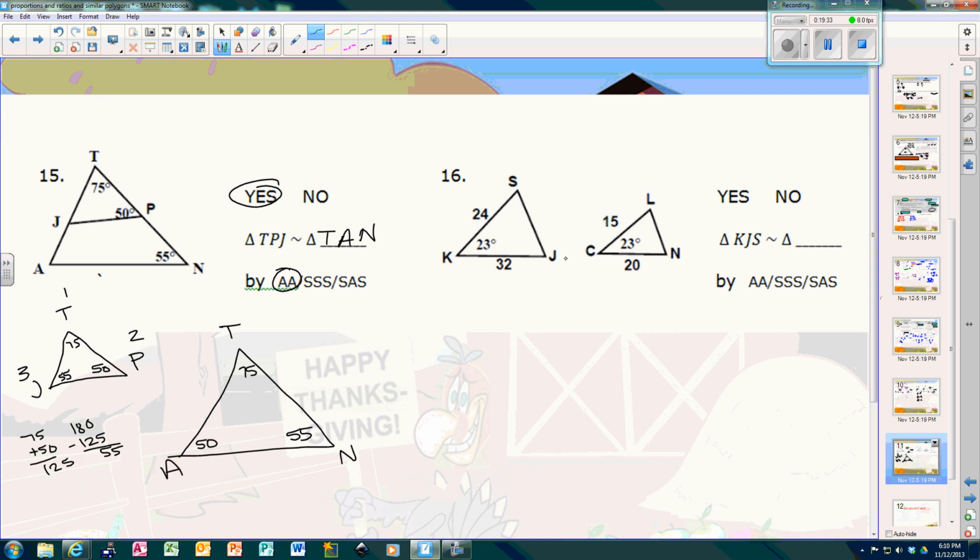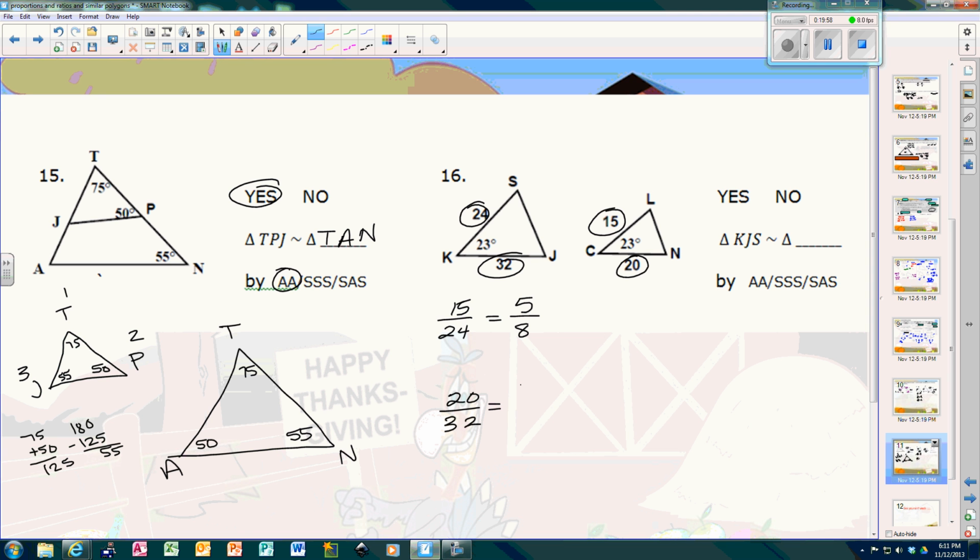All right, the last one, it looks like it's going to be side, angle, side. So let's check the ratios. New over old, 15 over 24. New over old, 20 over 32. So 3 goes into that 5 times. 3 goes into that 8 times.